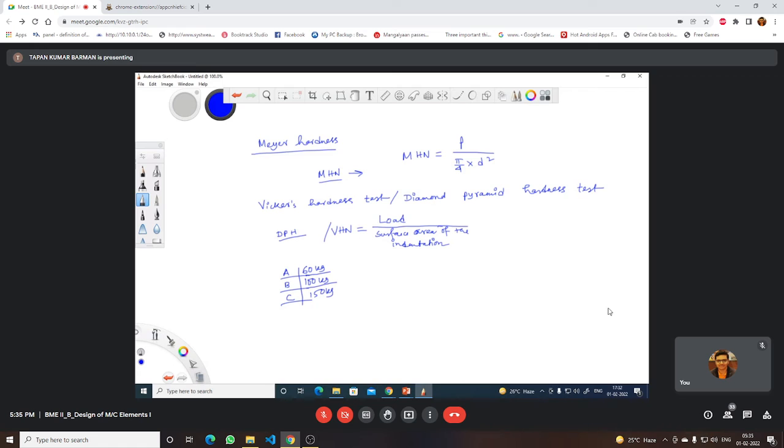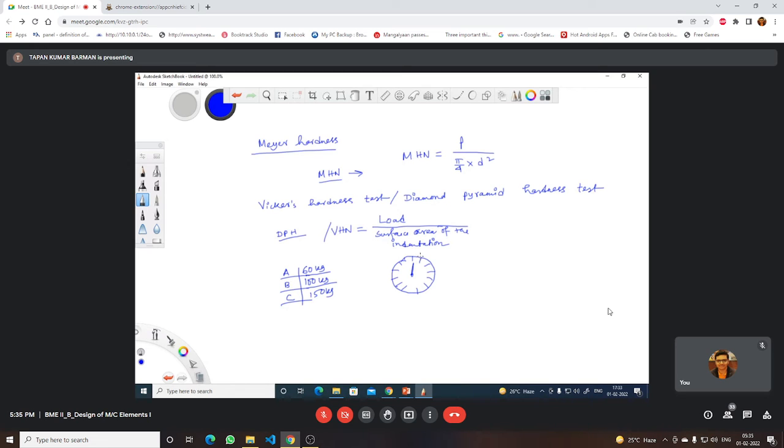So there should be one dial like this, and there should be values. If you come to the applied mechanics laboratory, using this dial you can see that when the load is applied on the specimen, the dial shows one number, and that number is the Rockwell number of the material. Now for soft materials, generally we use the B scale.